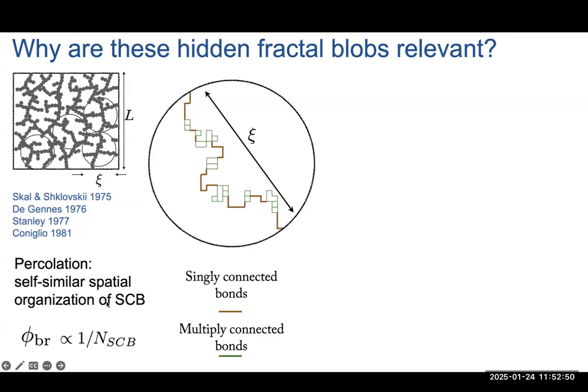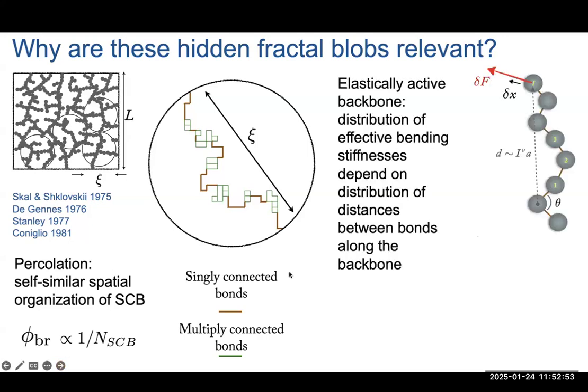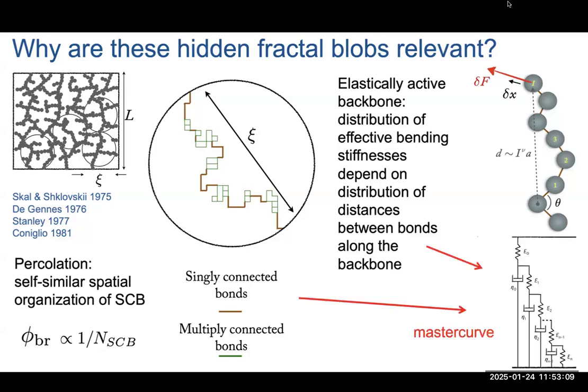And so in fact, Bhavan did a little calculation of the floppy modes of this elastically active backbone that is in each of these blobs, and how that scales with the blob size. And what you find is that the soft modes associated to that are again hierarchically organized, and interestingly, organized precisely in the same way as our rheologic, viscoelastic elements in the ladder model.